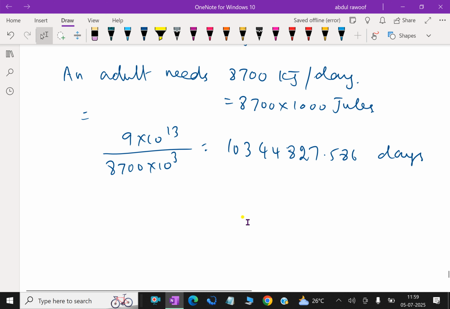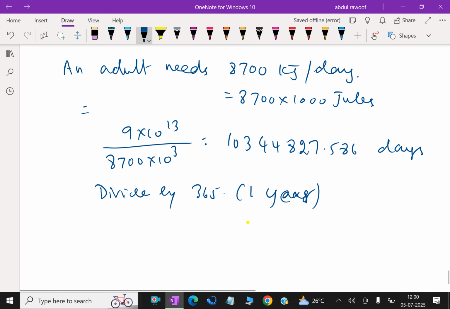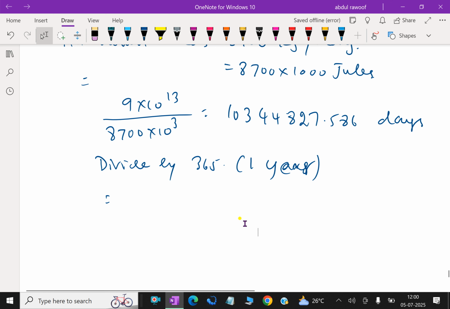Now, if you divide this number by 365, for 1 year, let us see the division. 10,344,827 days divided by 365 days.